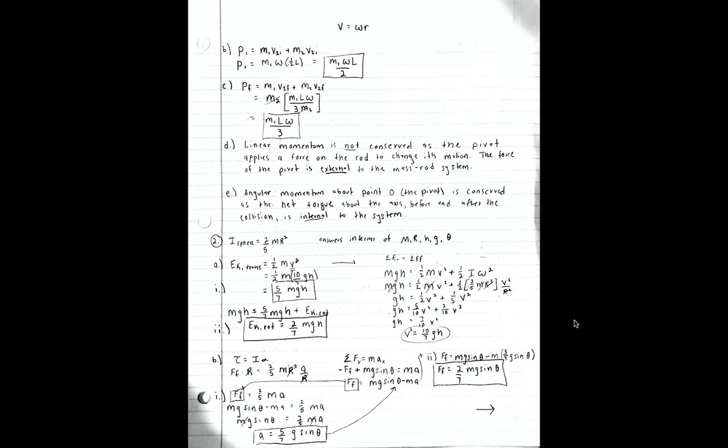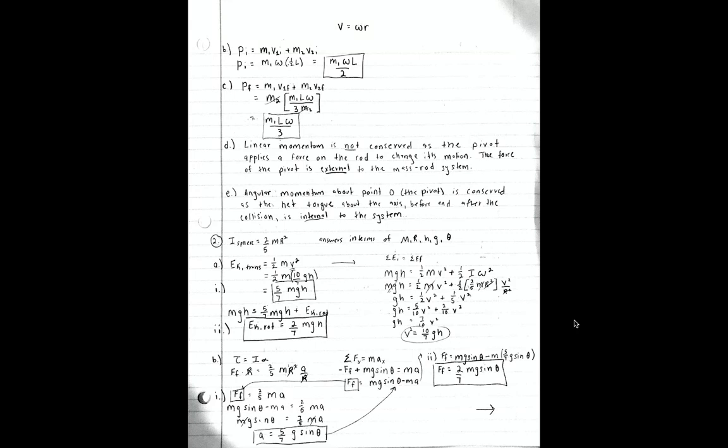Okay, in part B, they ask us to find an expression for the linear acceleration and then an expression for the force of friction, in terms of those variables only. So we're going to have to set up a system of equations. We know that the force of friction is what causes rotation.